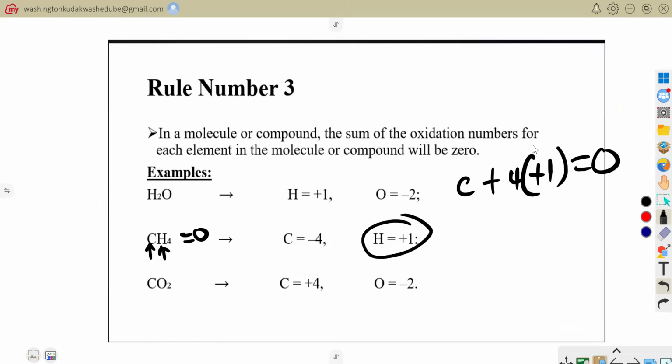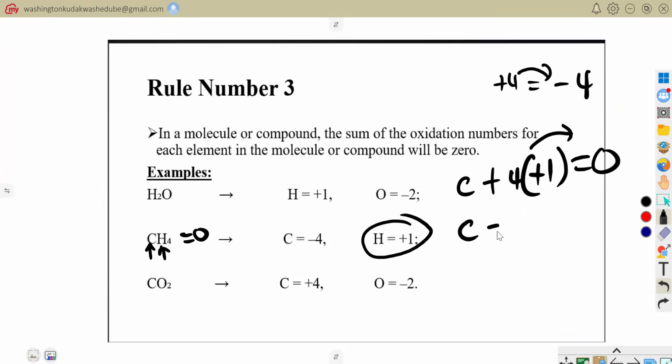So for carbon, I now transpose this to the other side. Carbon would be equal to, this is positive 4, and if positive 4 goes to the other side of the equals sign, it becomes negative 4, from our mathematics when we are solving algebra.